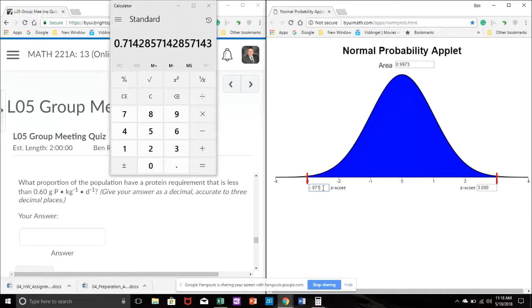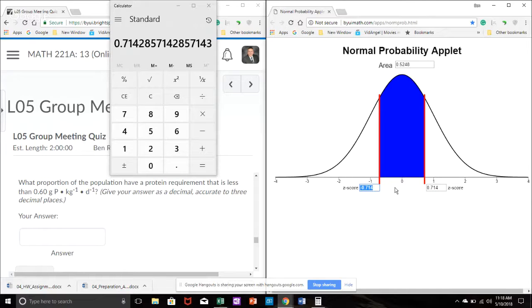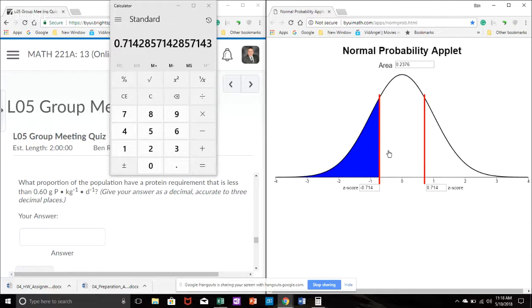So I'm just going to use that formula that they gave, z equals x minus the mean divided by the standard deviation. And it is 0.23.